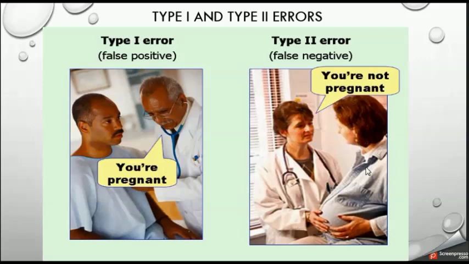For example, here this woman is pregnant in reality, but the conclusion was also mistaken. The doctor says you are not pregnant, so this is called a false negative. False because the conclusion is false, and negative because the doctor claimed that she is not pregnant.